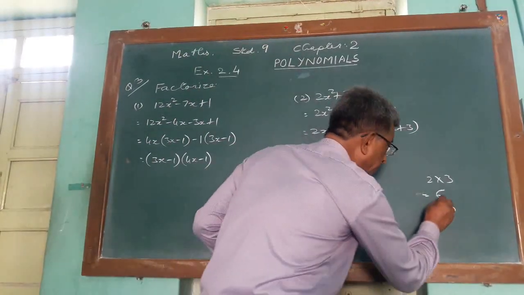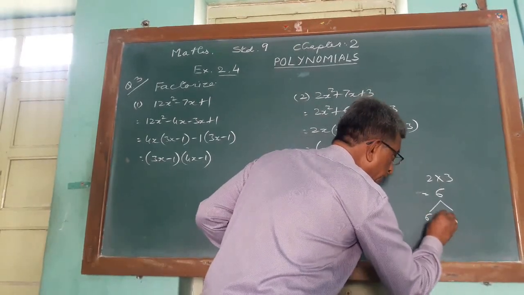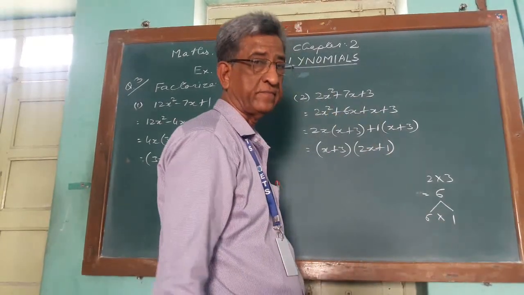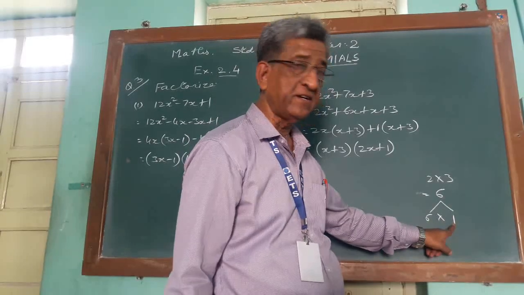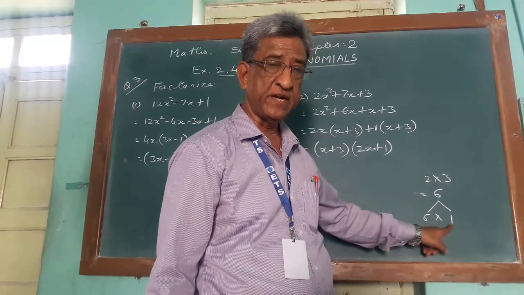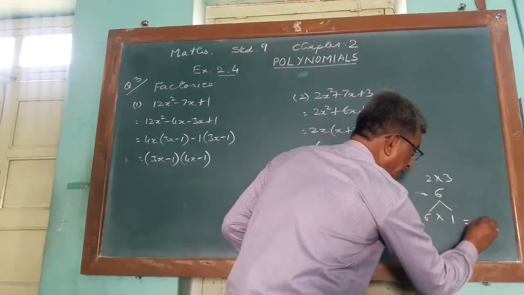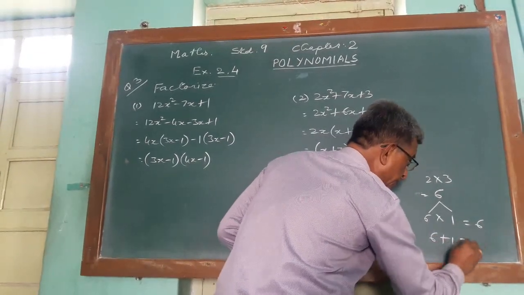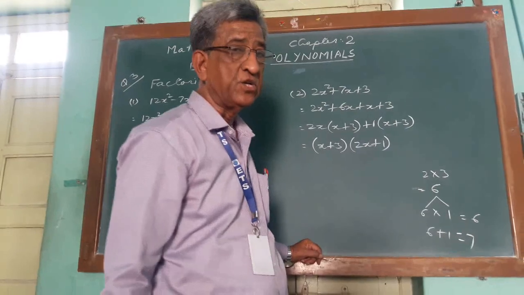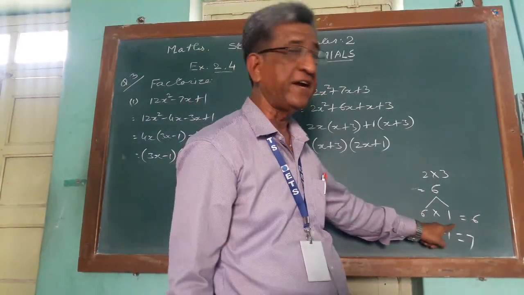So required factors will be 6 into 1. 6 into 1 gives you 6 and 6 plus 1 gives you 7. So required factors are 6 and 1.